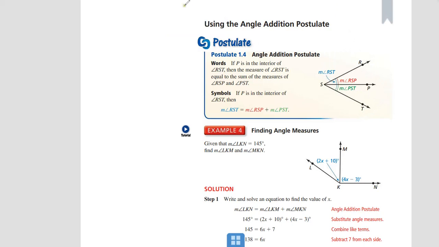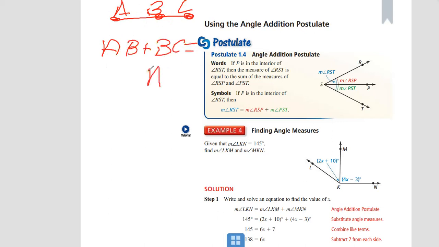That's very similar to, remember, the segment addition postulate that said if I had A, B, C, that AB plus BC had to equal AC because it's a straight line, it only makes sense. Same thing here except for angles. So this angle and this angle have to equal this angle.